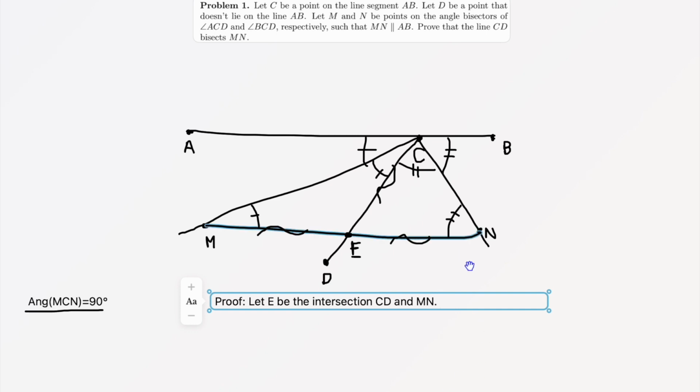Okay, so now let's talk about what we did first. We had some other ideas, but the main thing we did first was the 90-degree angle. That's what we added in.